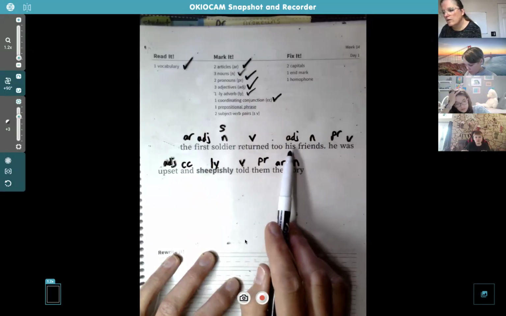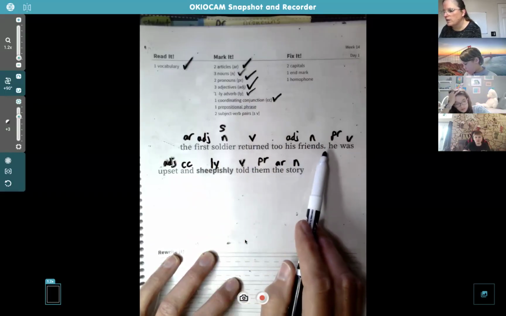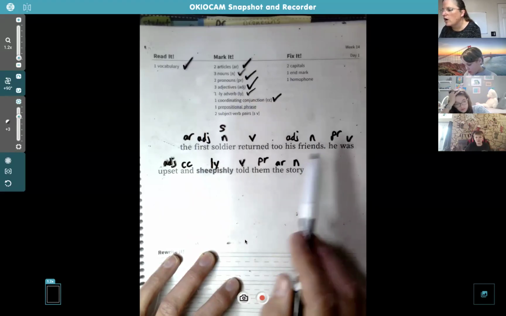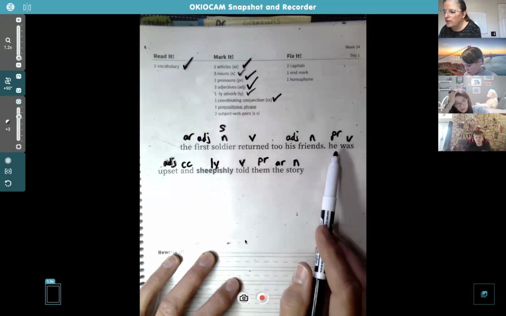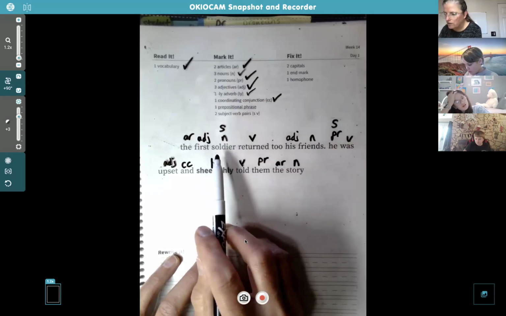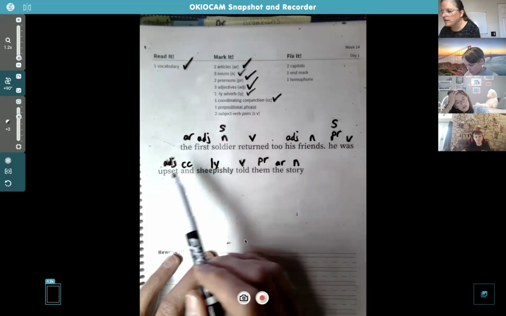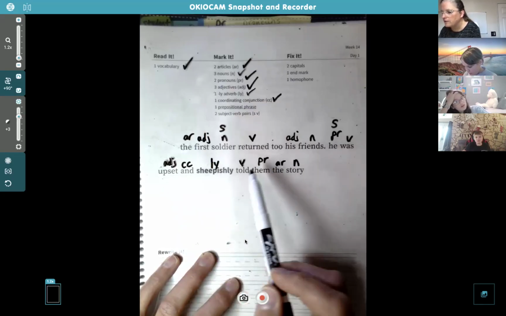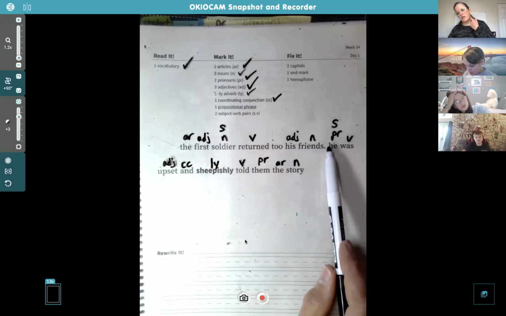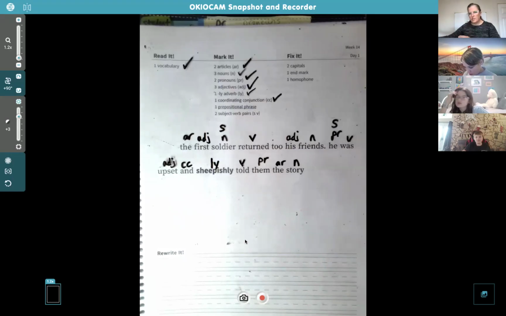Okay, no, not his friends, because look after the period, it's a separate sentence. He. Yes, he. So he is the subject, and it's referring back to the soldier, but he was upset and he told them the story. So he's doing two different verbs there. When you see that period, that means there's another set of subject-verb pairs, because each sentence has its own set.